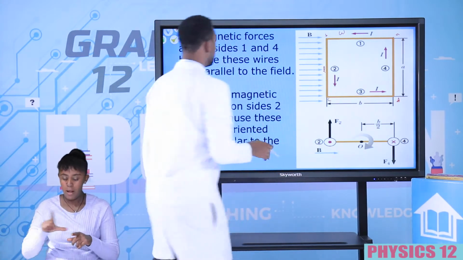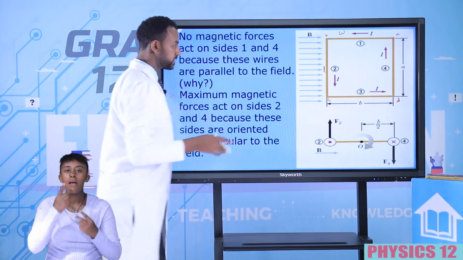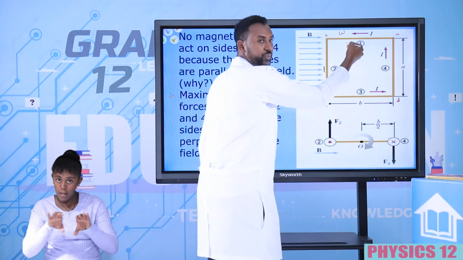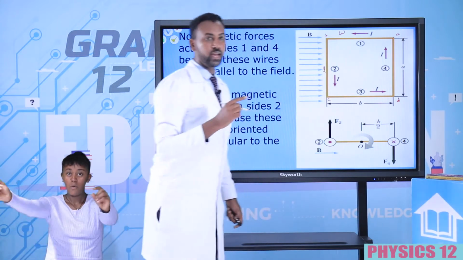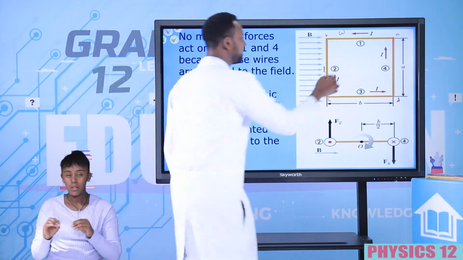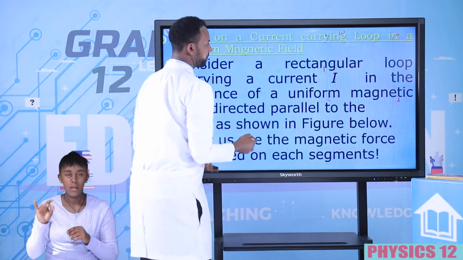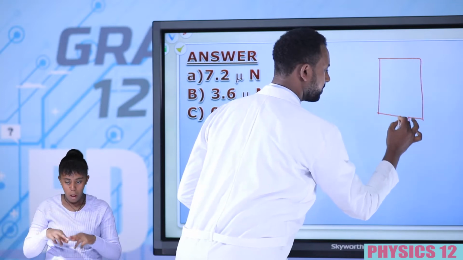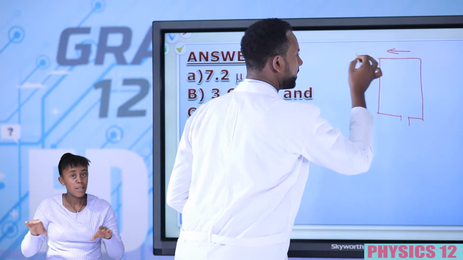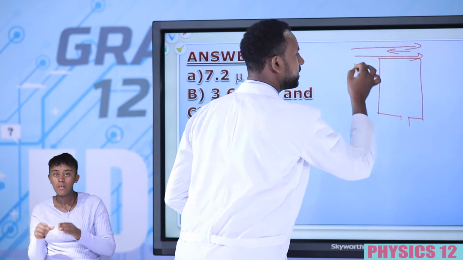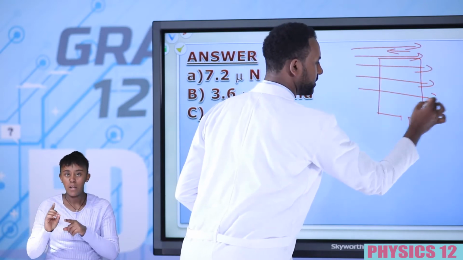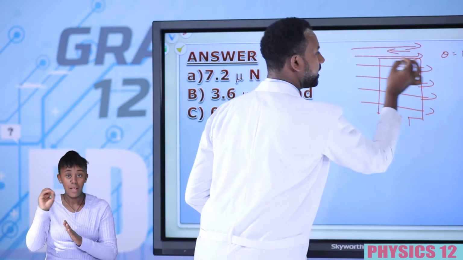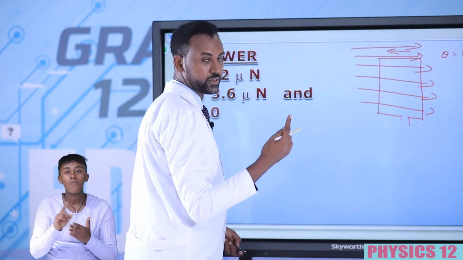So in this case, as we have seen previously, the magnetic field and the current are acting oppositely. When they are acting oppositely, the angle is 180 degrees. If this is the rectangular loop, the current is acting in this direction, whereas the magnetic field is acting to the right. So the angle theta is 180 degrees in the case of the first segment.